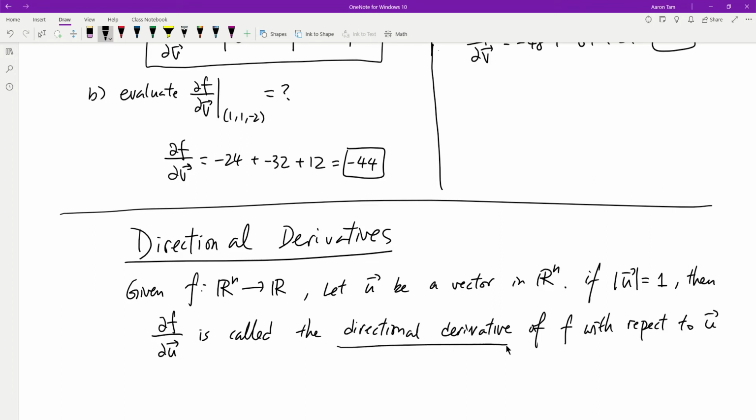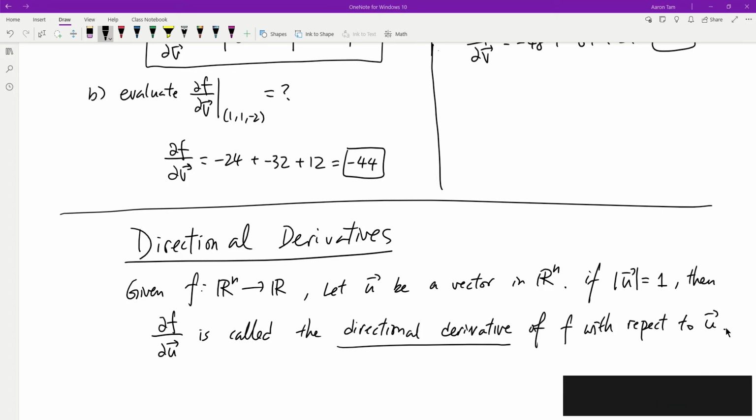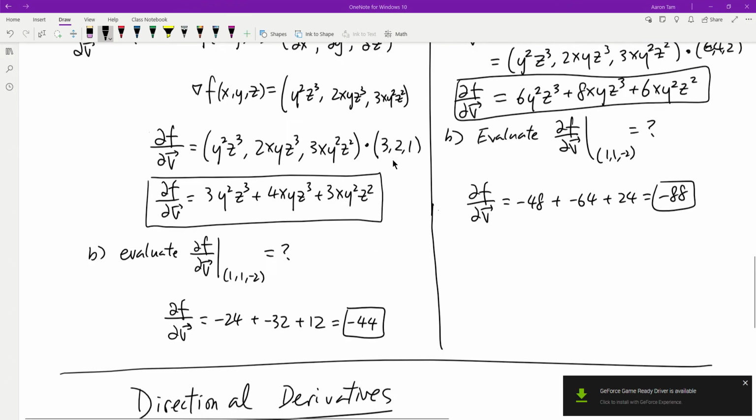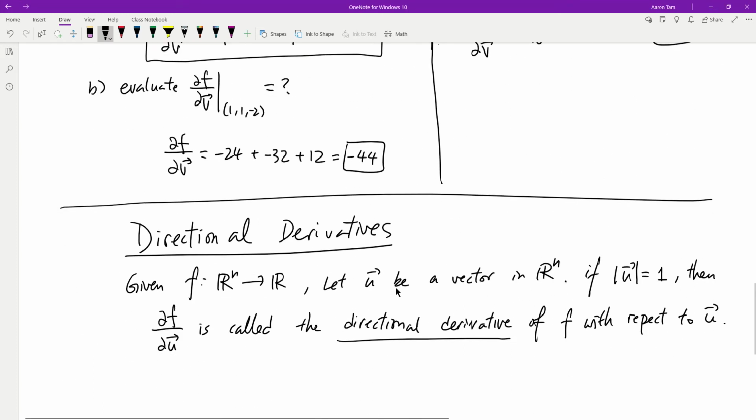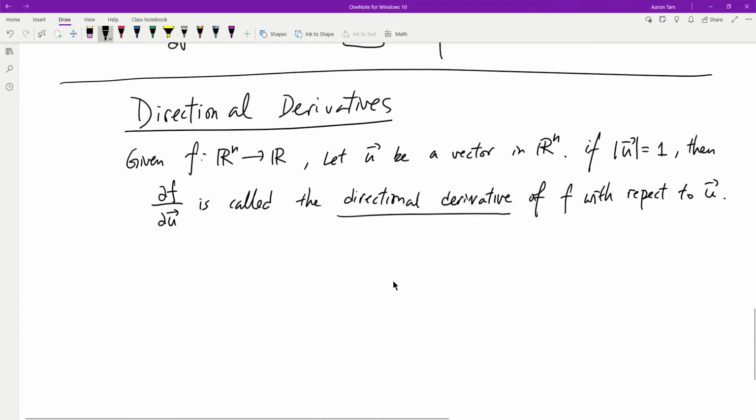And you can only call it a directional derivative if the length of the direction that you use is 1. So therefore, neither of these two answers that we found are called directional derivative. They are just derivatives in a specific direction. So how do I actually find this?